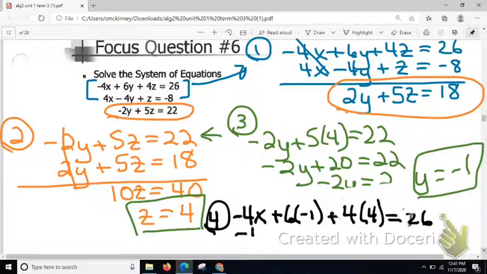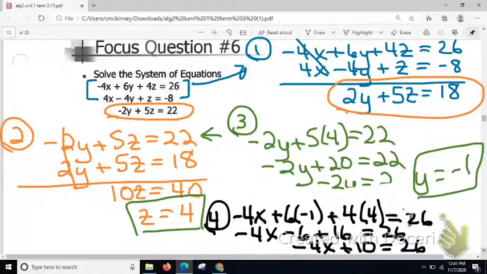So that's negative 4x minus 6 plus 16 is 26. So negative 4x plus 10 is 26. Subtract 10, negative 4x is 16. Divide by negative 4, and x is negative 4.